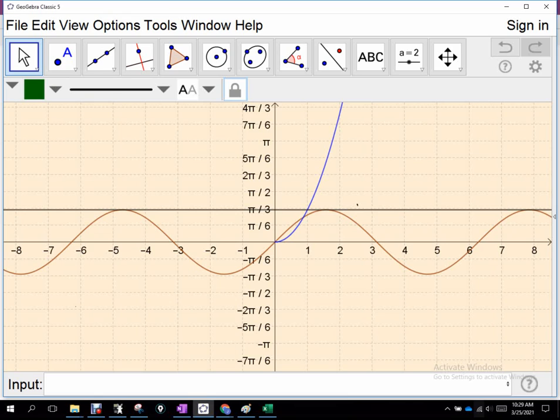So if I restrict that domain, when I find its inverse, I'm going to restrict the things that I can put into radical x. Does that make sense? Okay. So that blue curve is now one-to-one. So is there a similar thing that maybe we could do with the sine function?